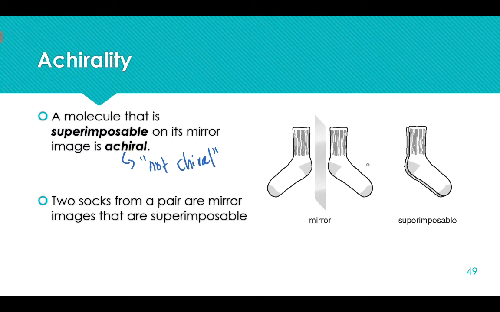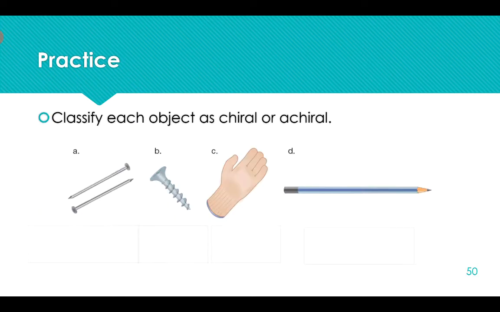So the 2 socks are superimposable on their mirror image. It means it's not chiral. So let's try to identify these molecules as chiral or achiral. Go ahead and pause the video and try to think about this. Unpause the video when you're ready to check your answers.